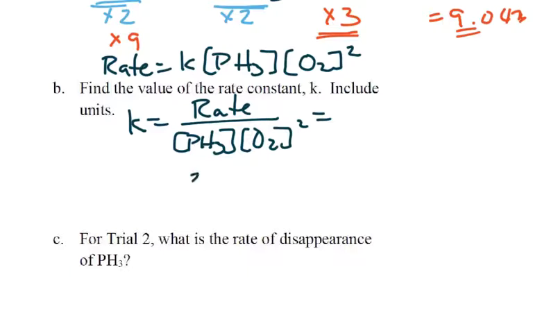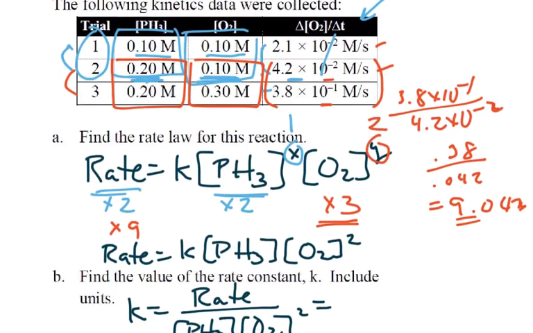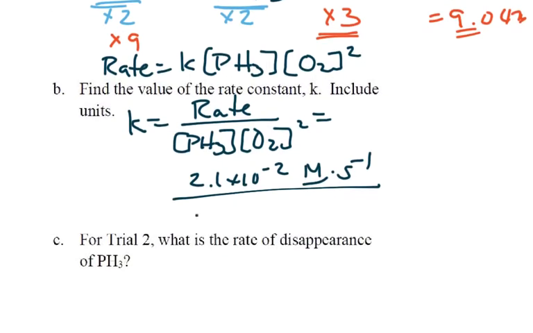So my top number here is 2.1 times 10 to the negative 2, in moles per liter per second, divided by 0.1 times 0.1 squared, and so that's going to be molarity cubed.